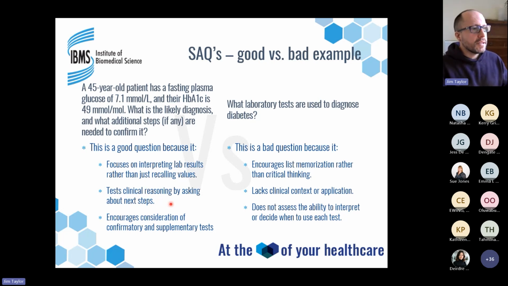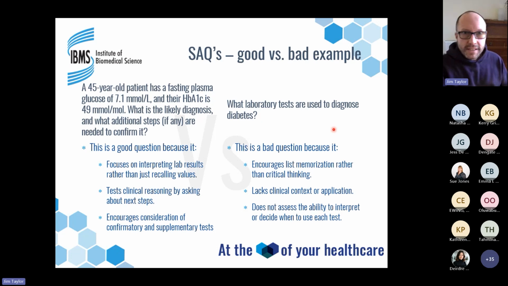This question starts to test clinical reasoning because it's asking about what the student will do next. What's the next thing that will happen here? And in this particular example, it encourages thinking a little bit more broadly as to what other confirmation or supplementary tests might be needed. Compare that with this example, what laboratory tests are used to diagnose diabetes.